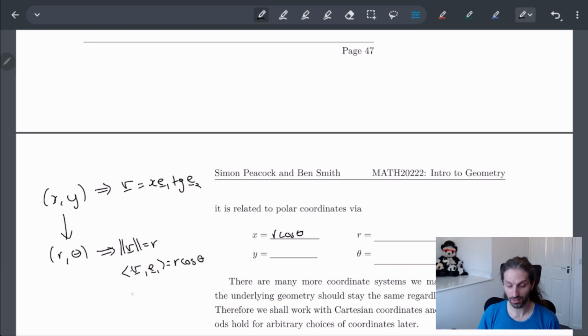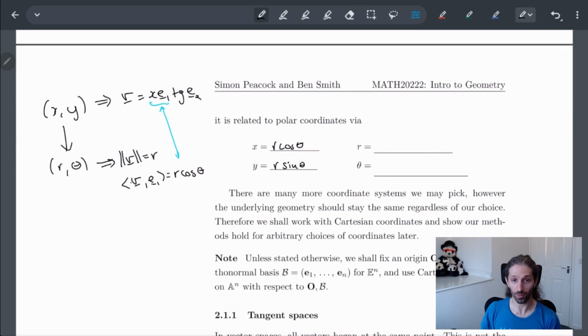So if the inner product of v and e1 is r cosine of theta, this is precisely this component, right? So that's how we're getting x equal to r cosine of theta. And through calculations, you can find that y is r sine of theta. So you can calculate these.